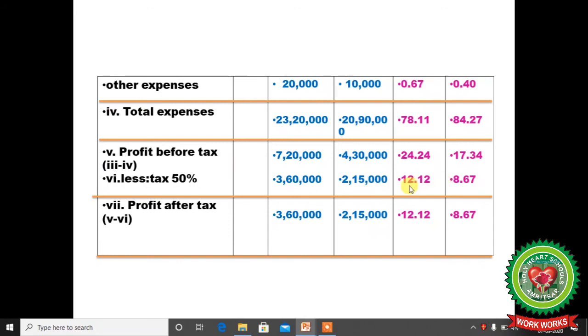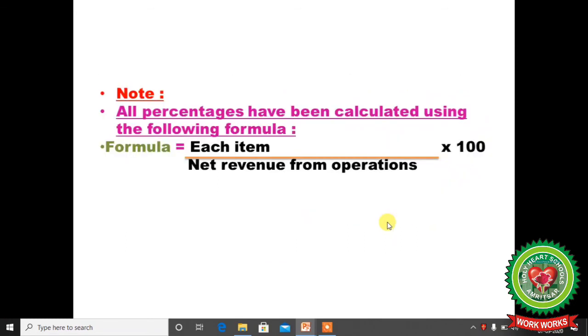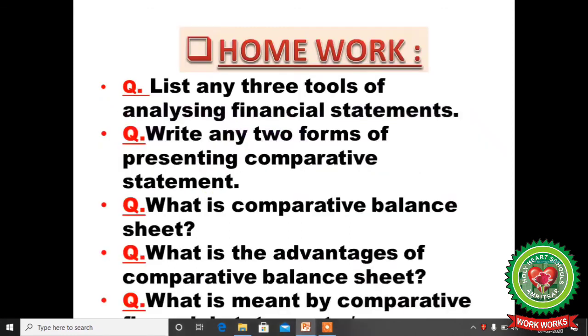And your percentage here is 12.12 and 8.67. Profit after tax is 3,60,000 and 2,15,000. This is the formula: each item divided by net revenue from operation multiplied by 100. So for each and every item's percentage, you consider net revenue from operation in the case of the common size statement of profit and loss.